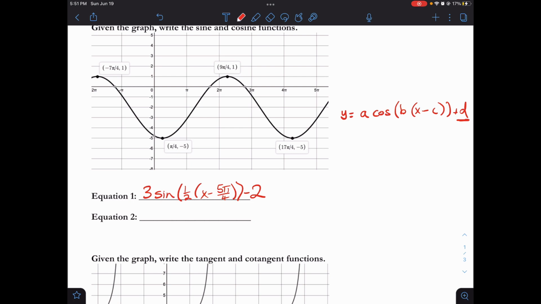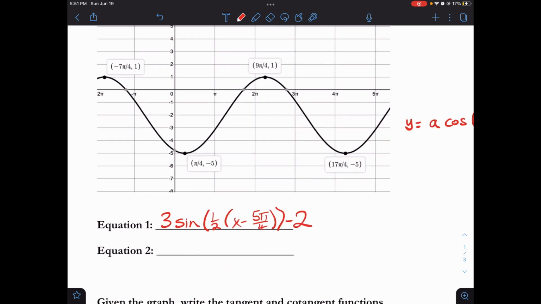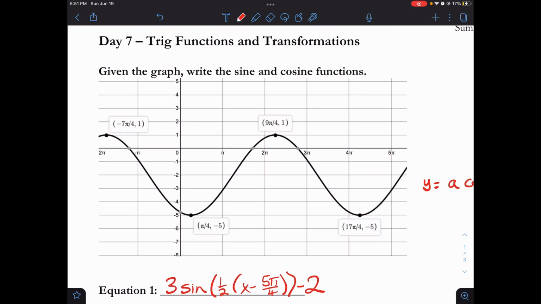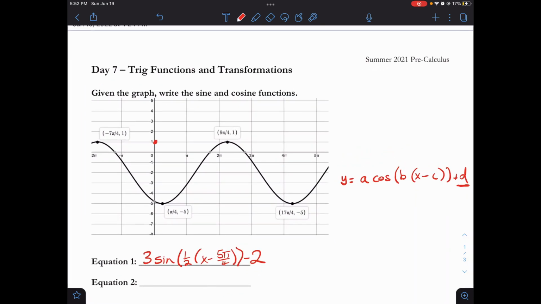So a is still our amplitude, but this time our cosine starts from a high point and goes to another. Our original cosine graph starts from 1, goes down, then goes up.